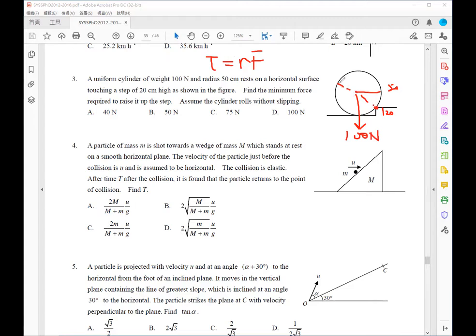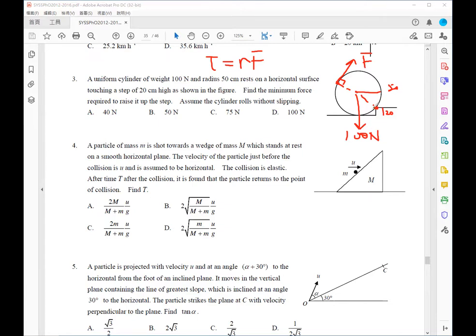So that means you should apply the force at this point, and the force should be perpendicular to this distance. And then if you draw the free body diagram, when you raise it up, the cylinder is not touching the ground, so there's no normal reaction between the ground and the cylinder.